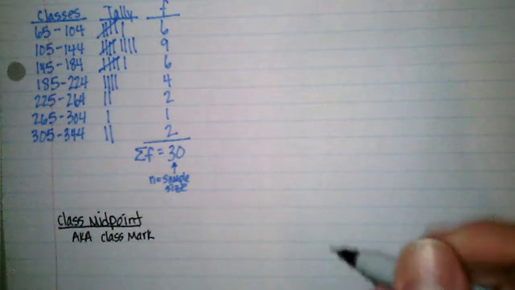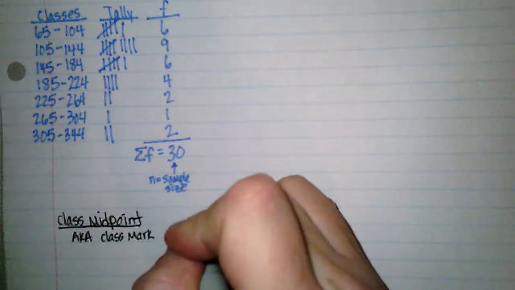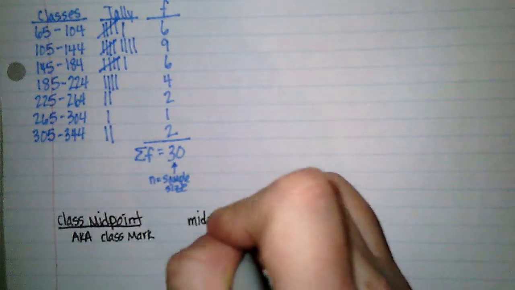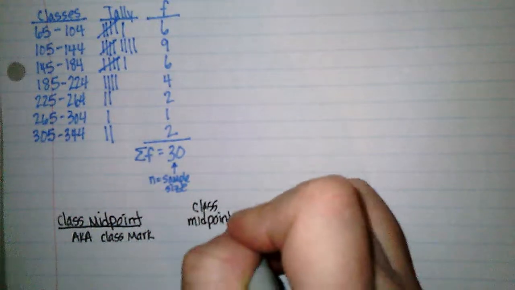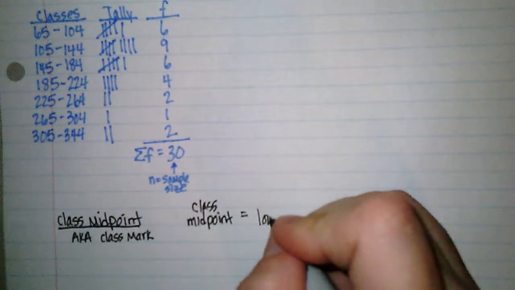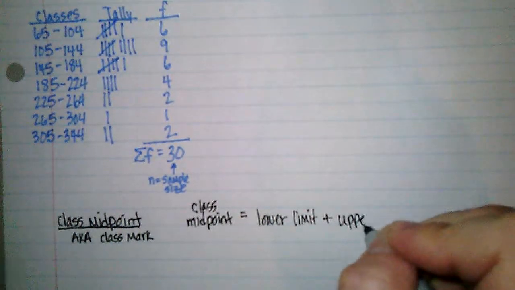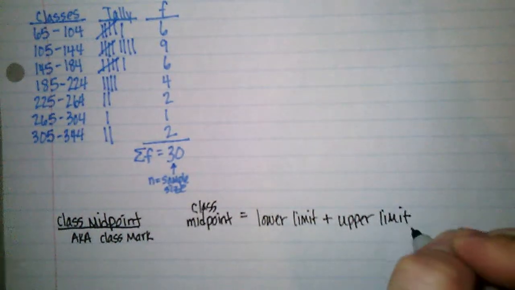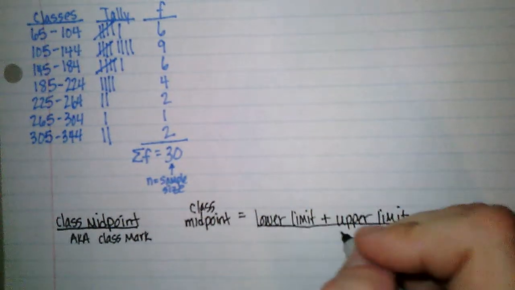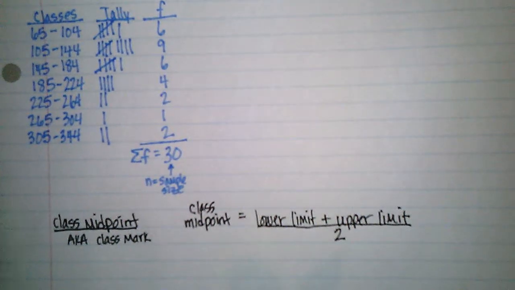A class midpoint is also called a class mark, but mostly I will be using class midpoint. To find the class midpoint, you're going to take the lower limit for the class plus the upper limit for the class, and you're going to divide that by 2.